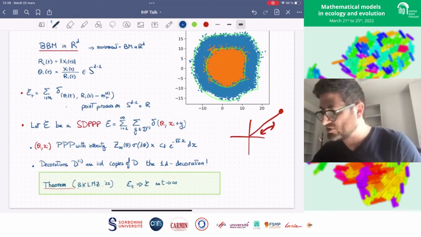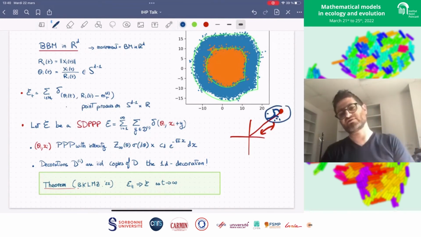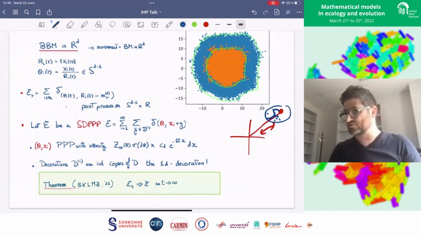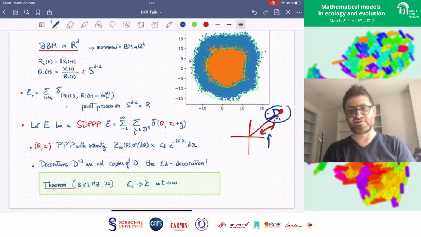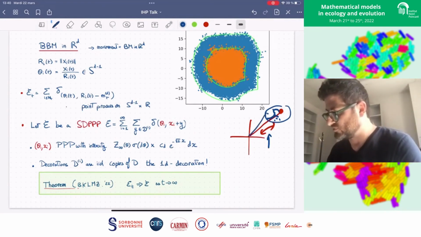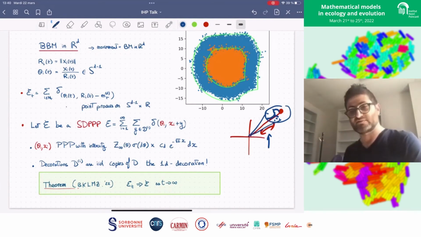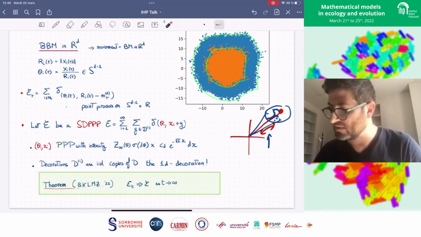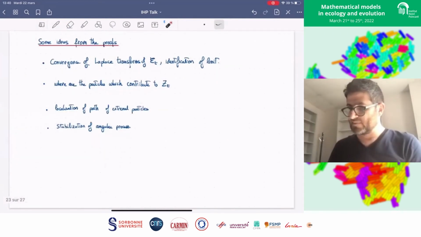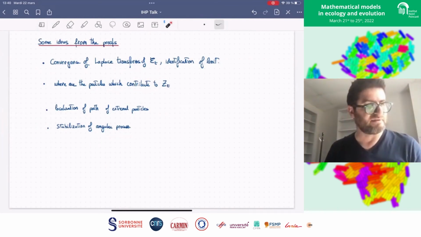And now you're putting the decoration. The decorations, you remember, are the particles that have branched recently, so you have a cluster of points around your cluster leader. But of course, because this distance is very large, distance grows linearly with t, the angle between those blue points and the red points tends to 0. And so there is no decoration on the angles. I hope this makes sense. Okay, do I have a couple more minutes? I think I start a little bit later.